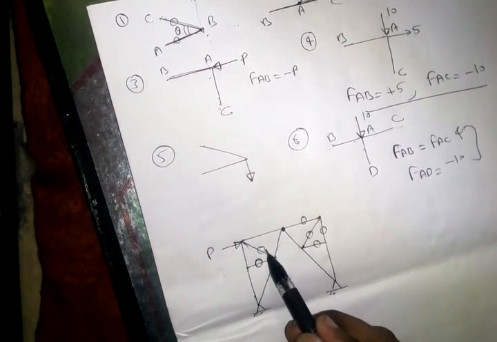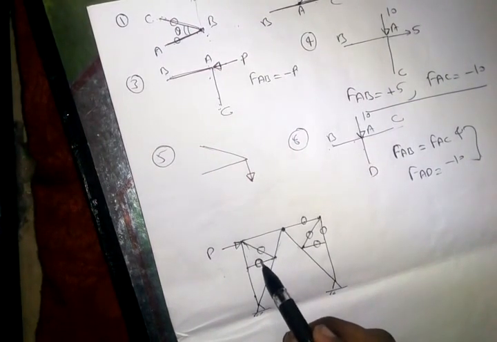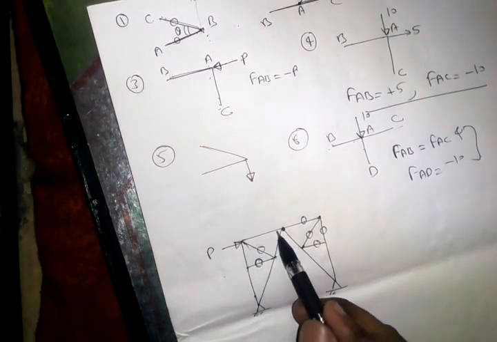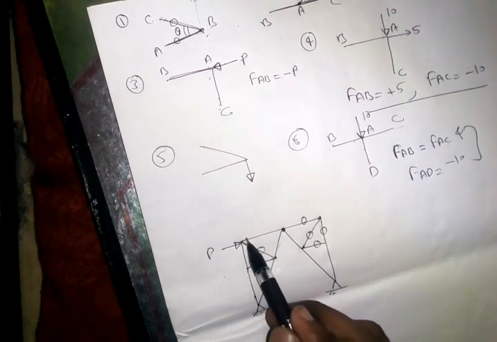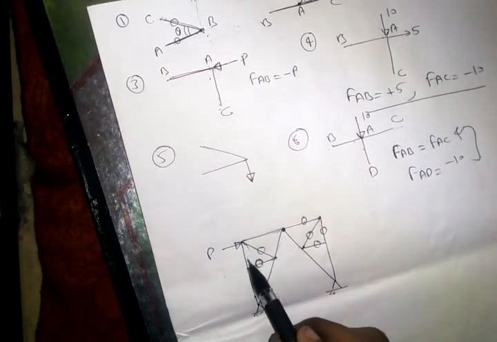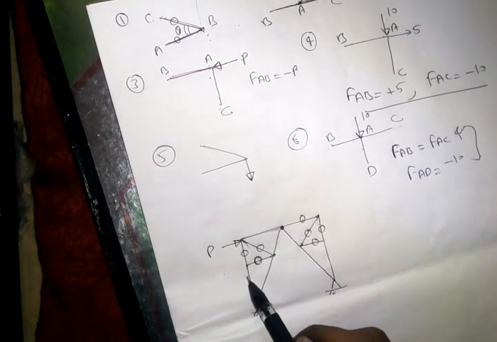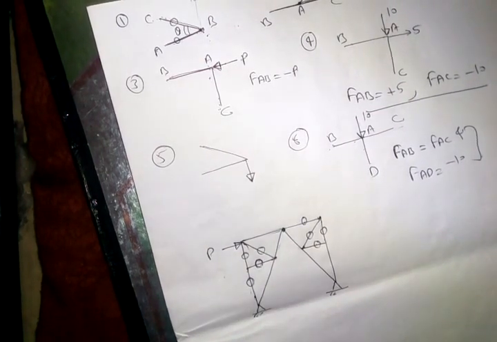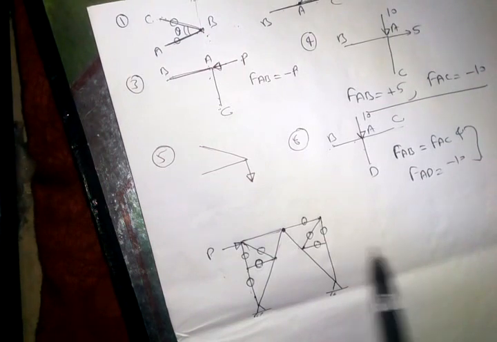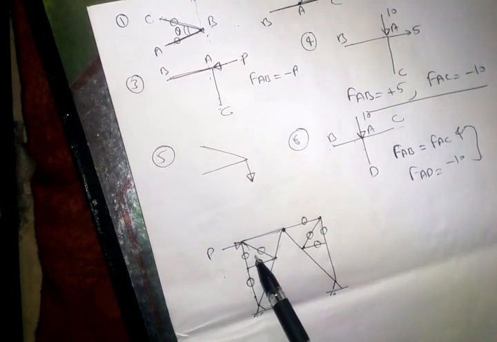Because there is no member here, so only this member and this member, so the entire P force will be in this member, so force in this is also 0 and this is the same member, force in this will also be 0. So members of 0 force are 1, 2, 3.